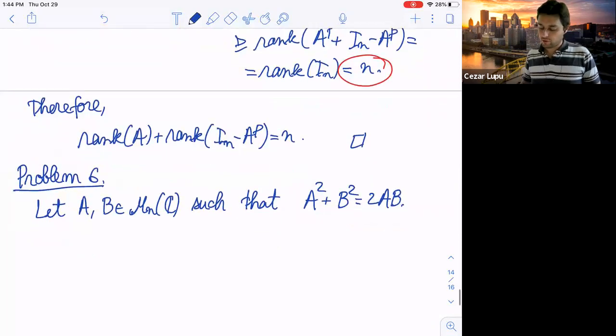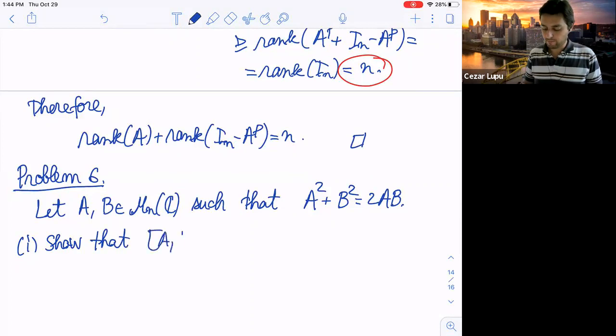Now, show that, so the first part, show that the matrix, basically the bracket, again, AB minus BA, is not invertible.